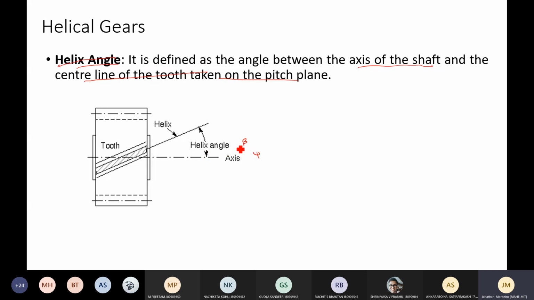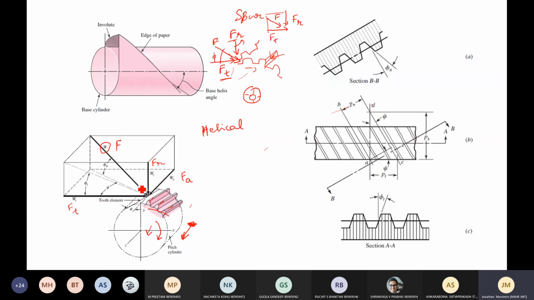Now, coming back to our discussion, how many components can you see here? See, this normal to the tooth is already inclined at some angle. So that means the entire vector, if you draw with respect to the axis, taking the rotation of the gear as one plane, then you can resolve this into three different forces. One is Ft, very similar to what you have in the spur gear.